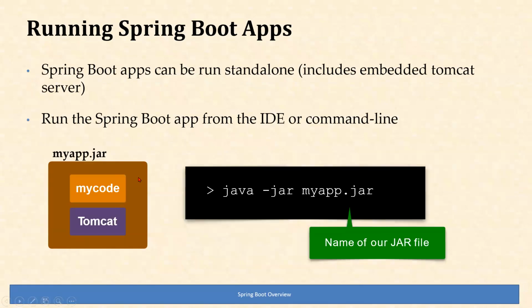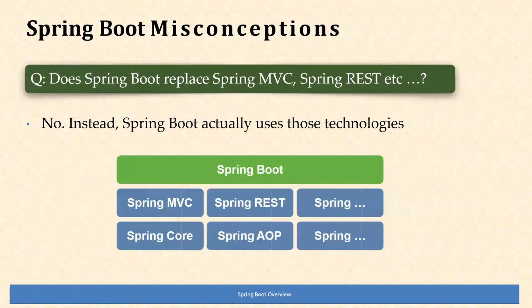If we want to run the jar from the console, we can run java -jar with whatever jar file we have created. So this jar is going to have the code and the Tomcat. And if you want to run from the IDE, we can straight away run it.